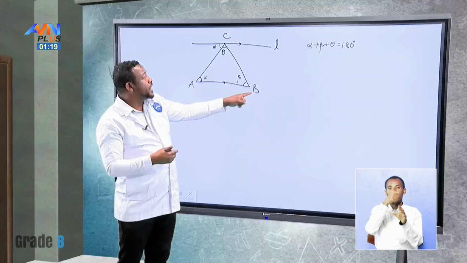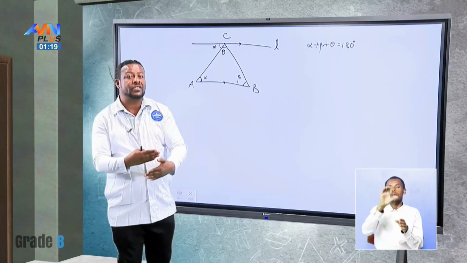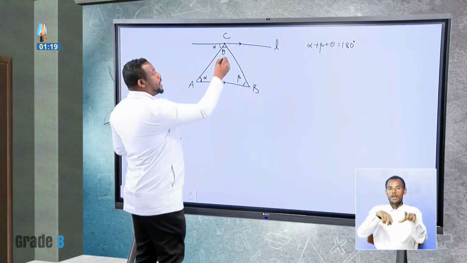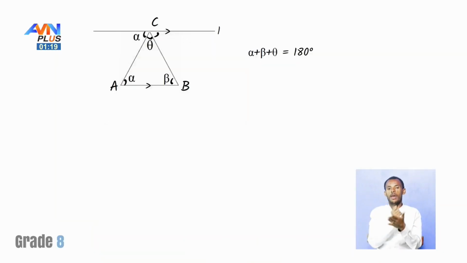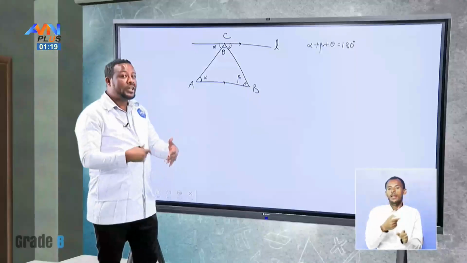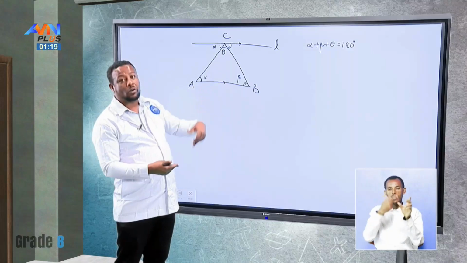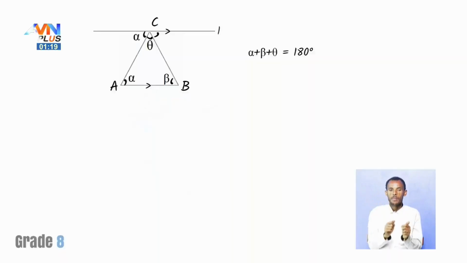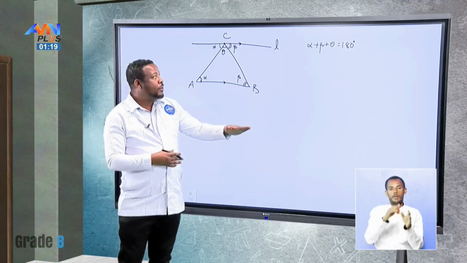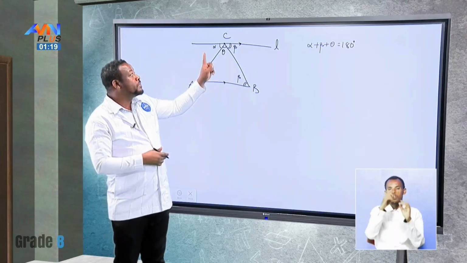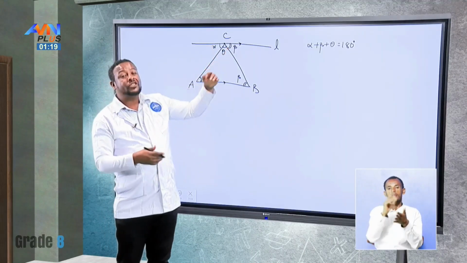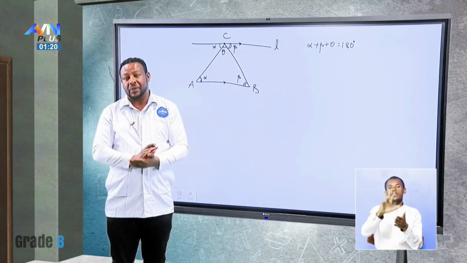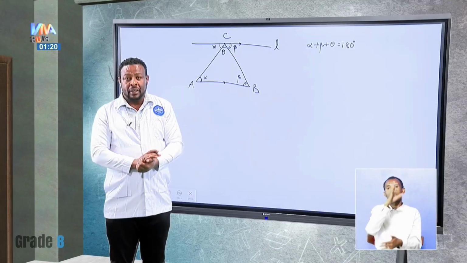Again, by considering BC as a transversal, you can take this angle and this angle, okay? By alternate interior angles, these two are congruent. Therefore, you can say this is also beta, right? Now you can observe that the sum of all these three angles forms 180 degrees, right?